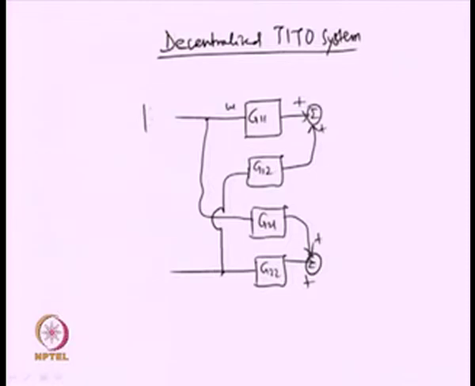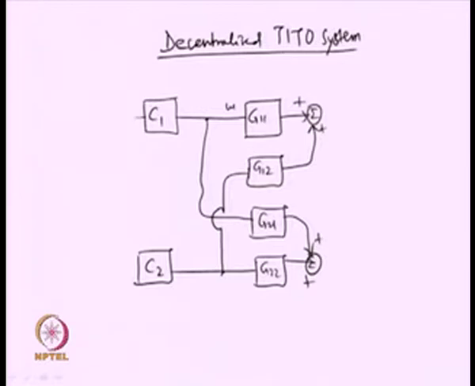Then when it is connected with a controller, the controller could be a nonlinear or a linear one. So, let me connect a controller of the form C1 here, and C2 for the second loop.